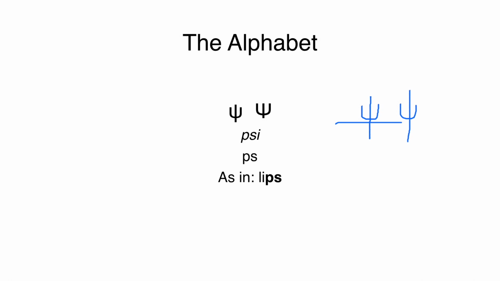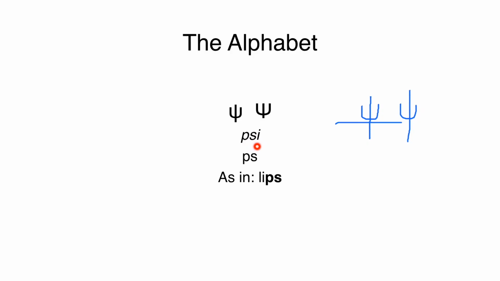The uppercase is much the same, a little bigger with a shorter stem. This sound, since I mentioned Poseidon, is actually a PS sound, as in lips, or Poseidon. So this letter is psi.